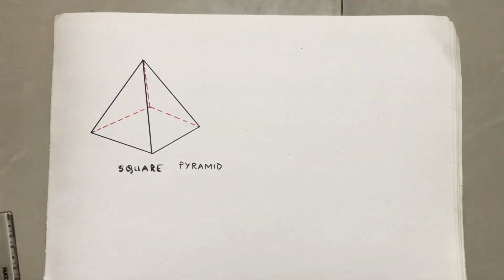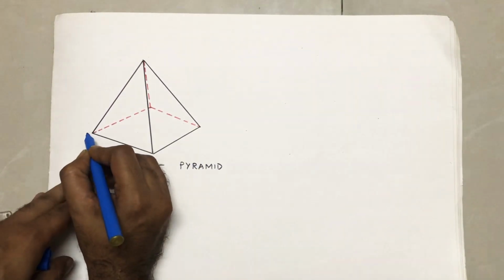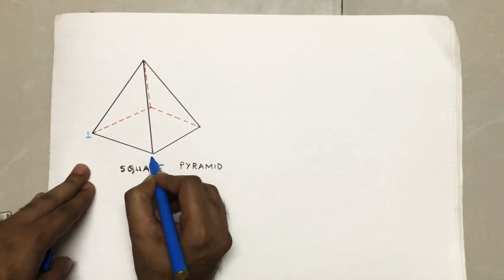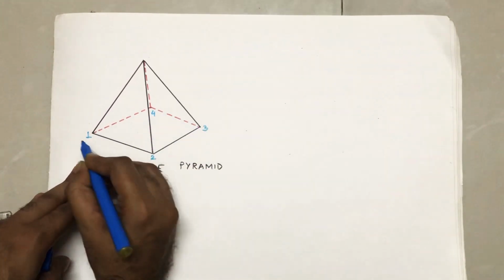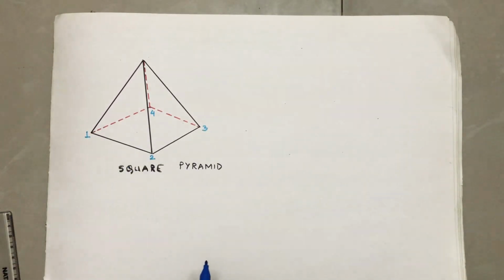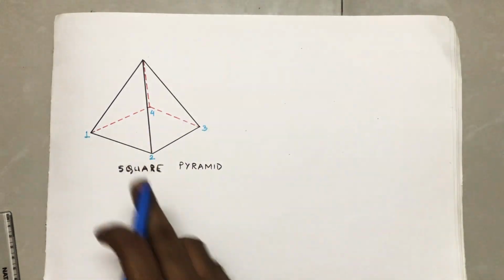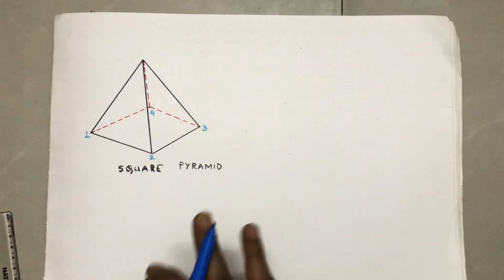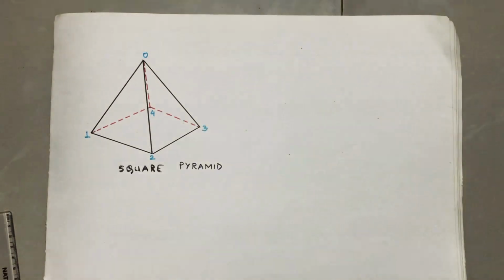A pyramid will be named in the following manner. We are going to use numbers for naming the base of any pyramid from now on. In fact, any solid that I'll be talking about, I'll be naming the base of the solid by means of some numbers. This is what we call as the apex.